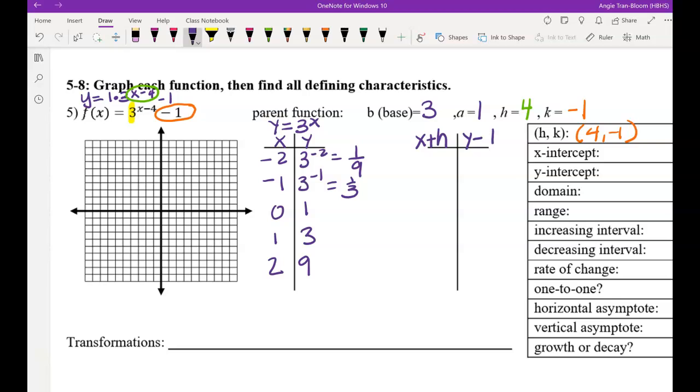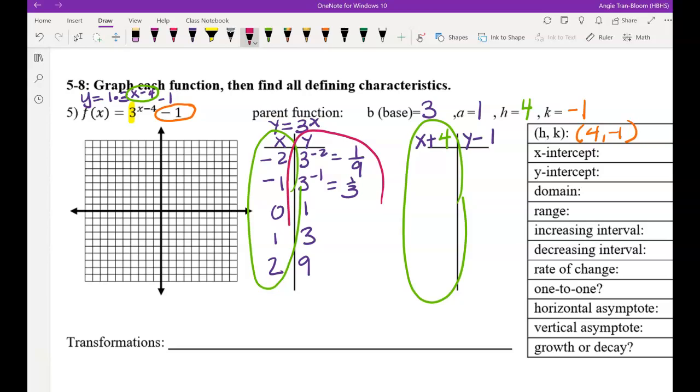Okay, let's take all of your x's here and plus 4. I wrote plus h, but we want plus 4. And then change that here. Then take all of your y's from the parent and then minus 1. So let's rock and roll. Negative 2 plus 4 is 2. Negative 1 plus 4 is 3. 0 plus 4 is 4.